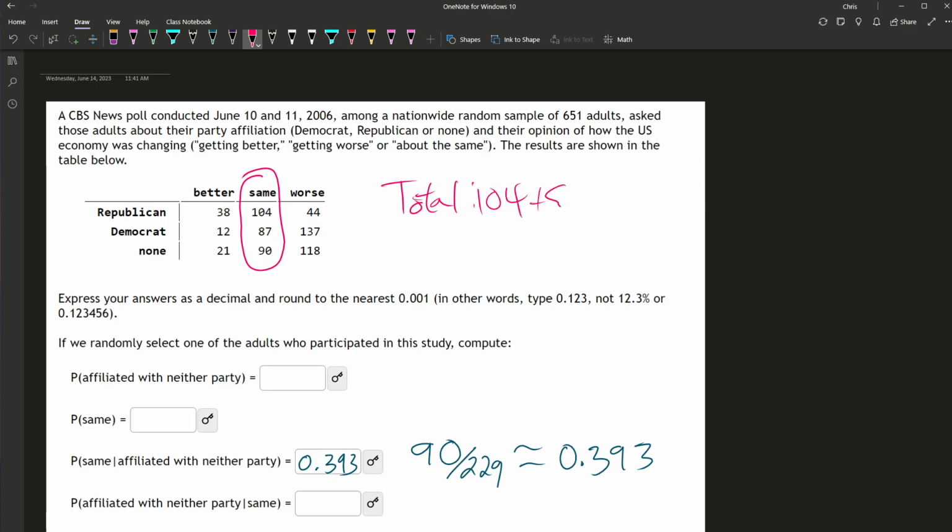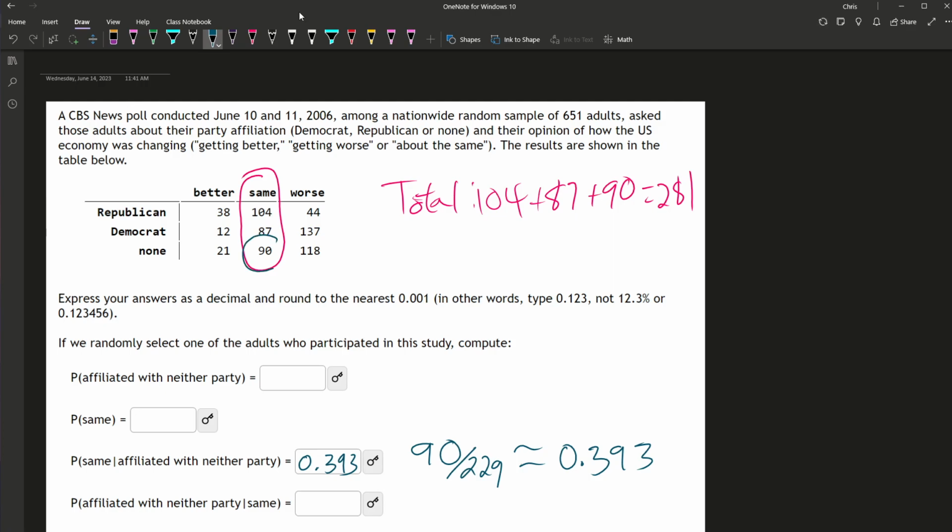It's going to be 104 plus 87 plus 90, which is 281. And we want to find the probability that someone is affiliated with neither party, given that they believe the economy is the same.